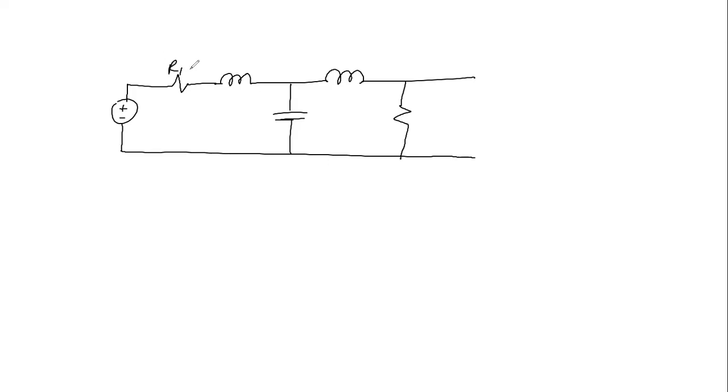So R1, L1, L2, R2, C. Let's say the current flowing in this direction is I1 of t, and the current flowing in this direction is I2 of t. So this plus minus V1 of t. Then here we have these terminals plus minus y of t, and the input is s of t.